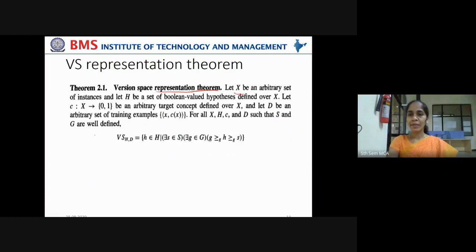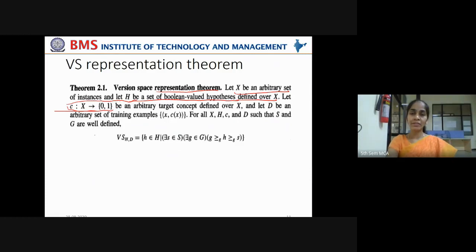Now let X be an arbitrary set of instances, and let H be a set of Boolean valued hypotheses with outcome as 0 or 1 defined over X. That is the set of all training examples. Let C be mapped from the instance set to 0 and 1.